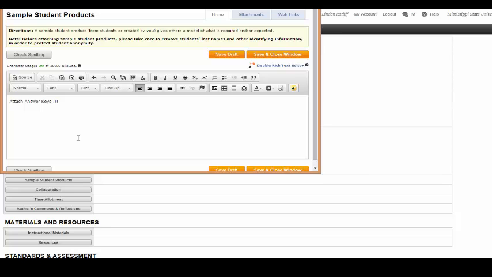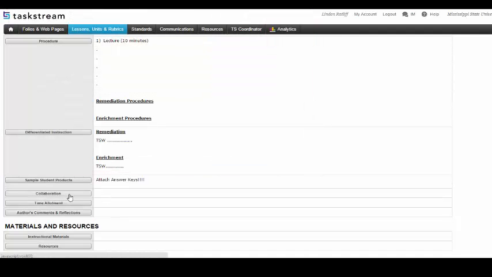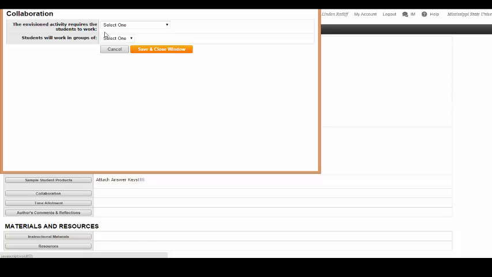Now, you would say, well, how do I attach something? Right up here, attachments. You can add attachments to this as much as you want to, and that is so cool about stuff like that. So, let's see, save and close. Collaboration. The activity requires students to work collaboratively or individually.